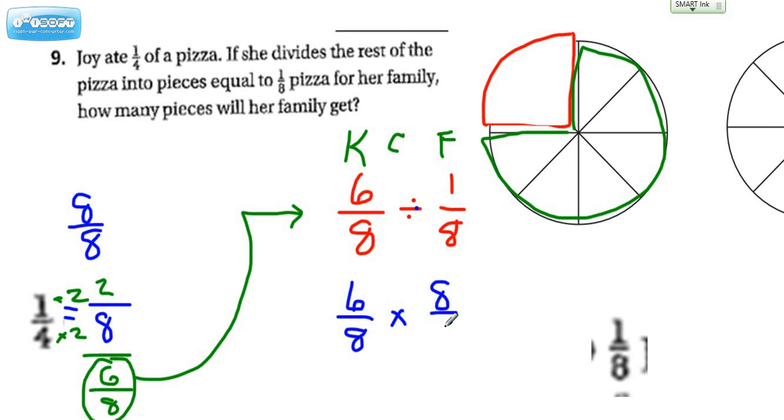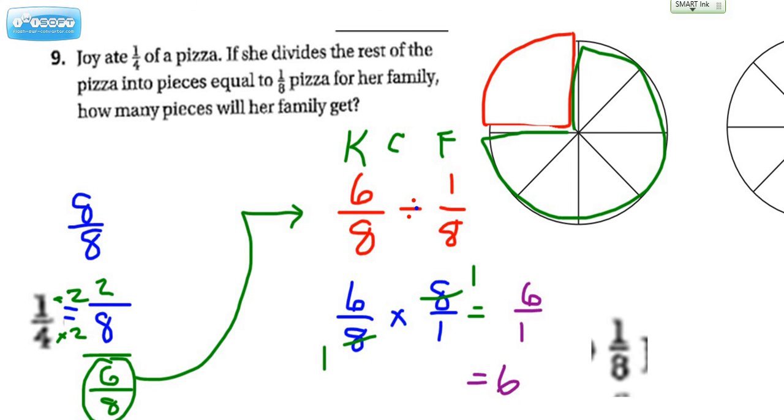So we use the word flip, 8/1. Let's reduce ahead of time. We can divide by 8 and get 1, divide by 8 and get 1, and if we go across, 6 times 1 is 6, 1 times 1 is 1, 6 divided by 1 equals 6.